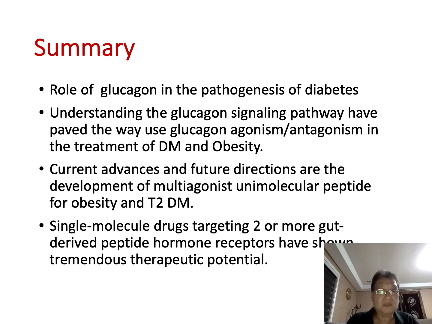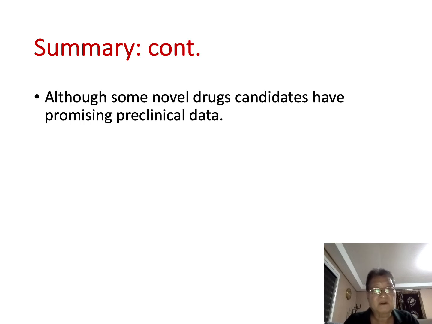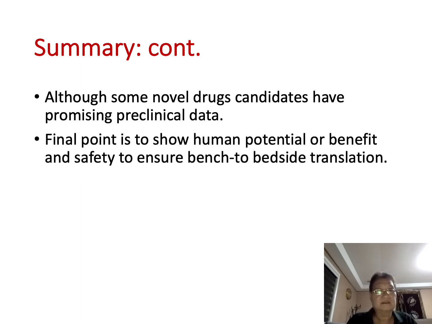Single molecule drugs targeting two or more gut-derived peptide hormone receptors have shown tremendous therapeutic potential. Although some novel drug candidates have promising preclinical data, the final point is to show human potential or benefit and safety to ensure bench to bedside translation.